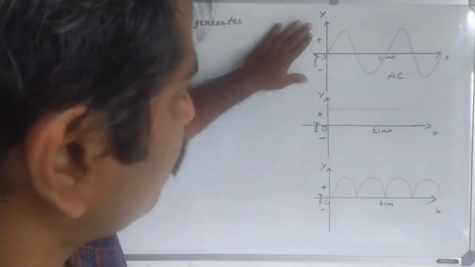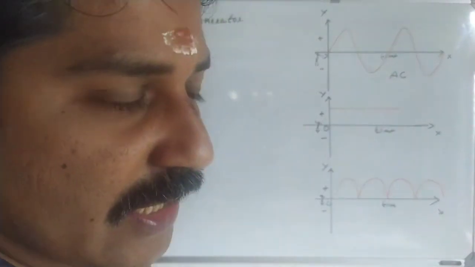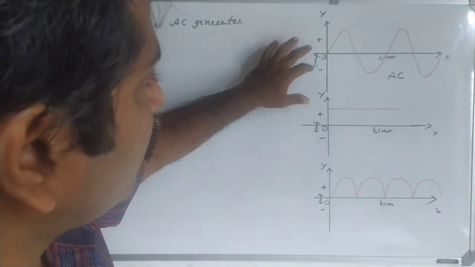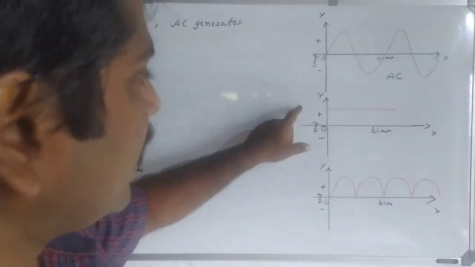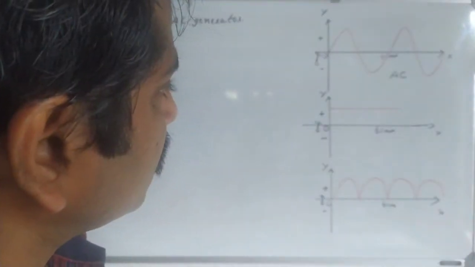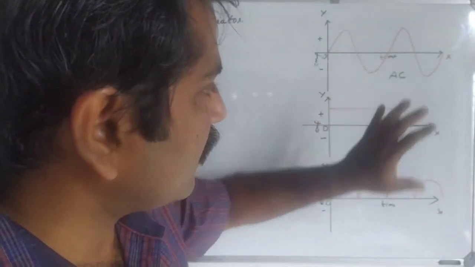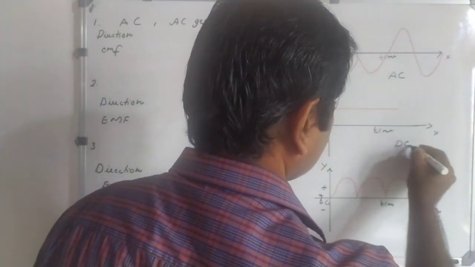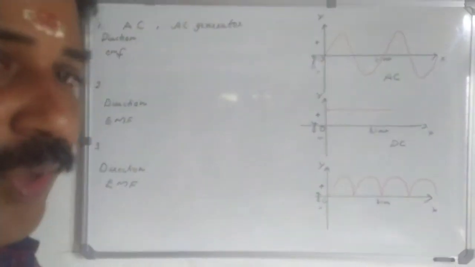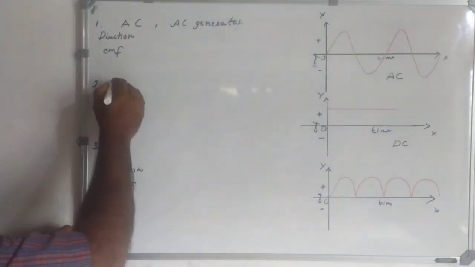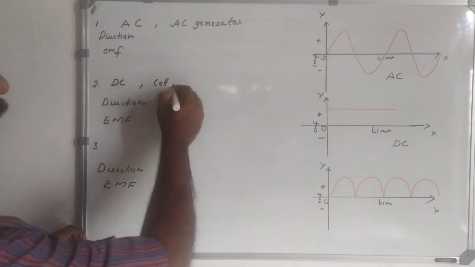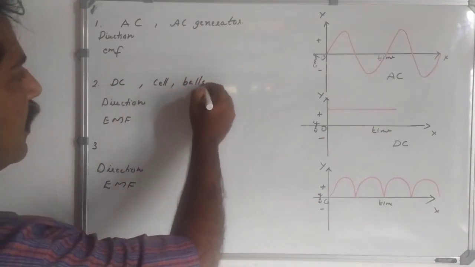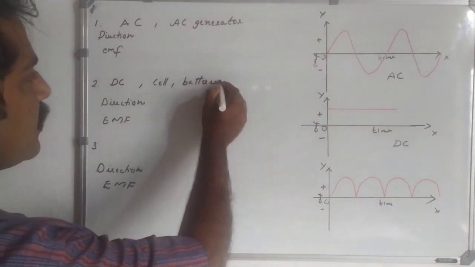This type of graph represents AC, and an example for the source is the AC generator. Then the second one, this graph represents DC. The source: cells and batteries are examples.